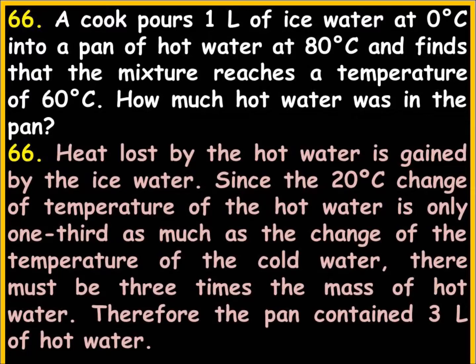Therefore, the pan contained 3 liters of hot water. Again, if you have a problem with that, you might want to just make up some numbers, 1 liter is 1,000 grams, using the specific heat capacities. That might be a way to do it. Might make things a little clearer.